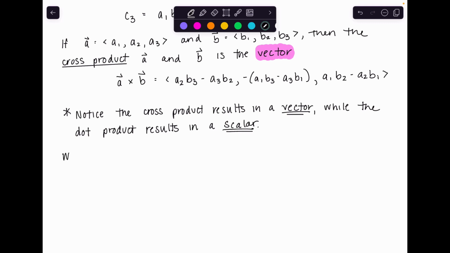So here we can develop an easier way to find cross products by using determinants.